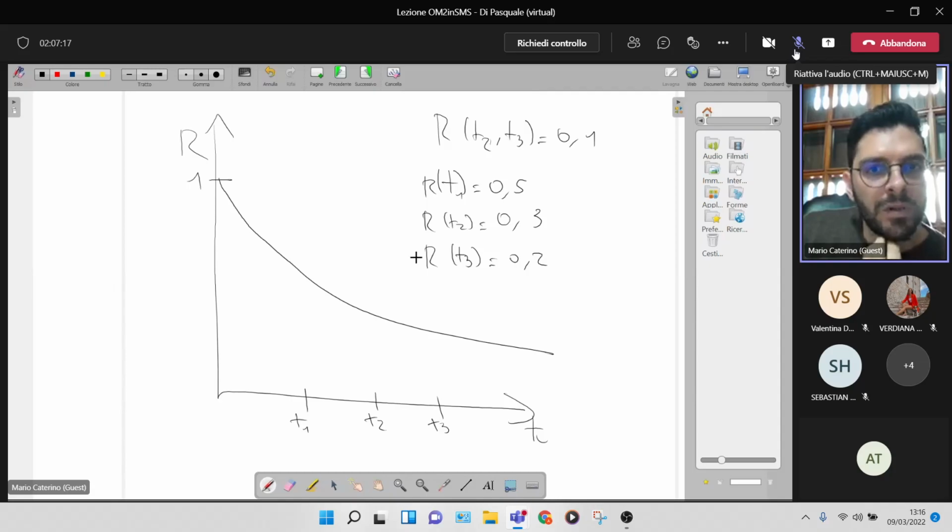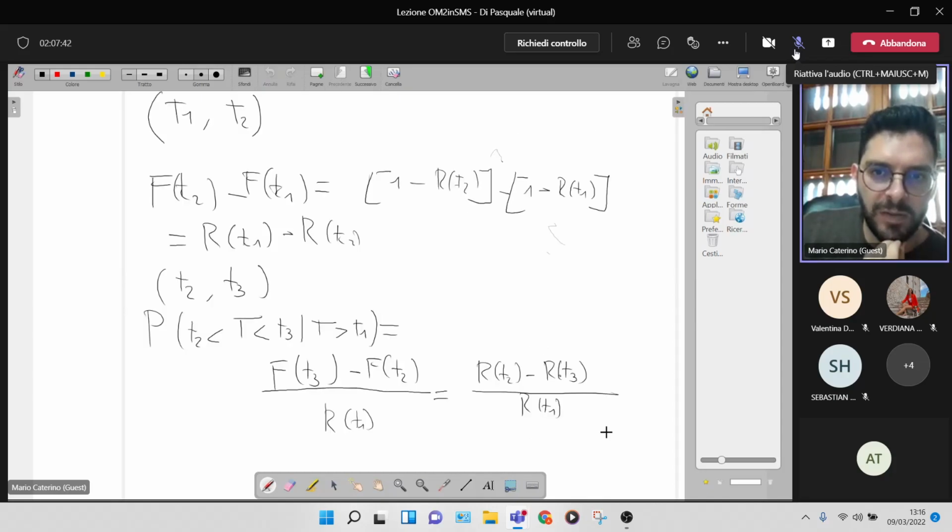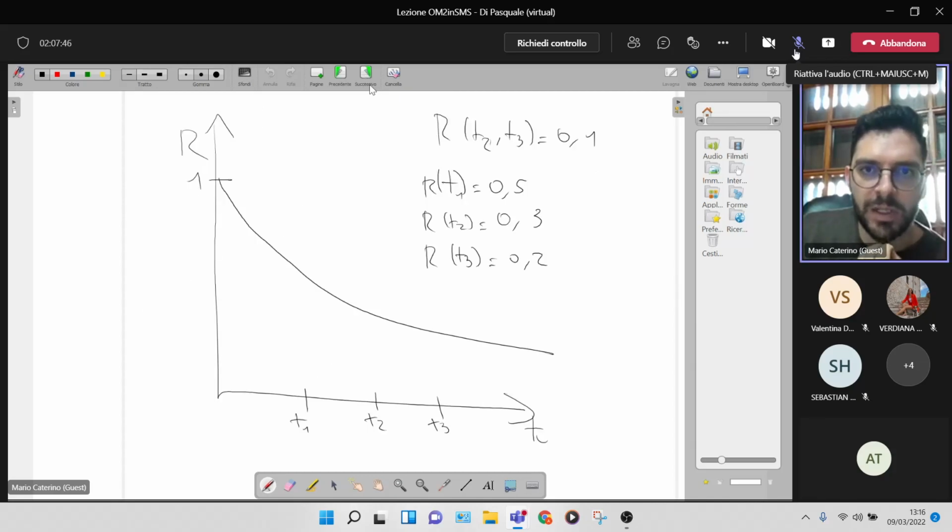What we want to know now is which is the probability of being working, so its reliability, knowing always between T2 and T3, knowing that it is already arrived to T1. In this case, we should apply this formula. So we can write it here, for example.